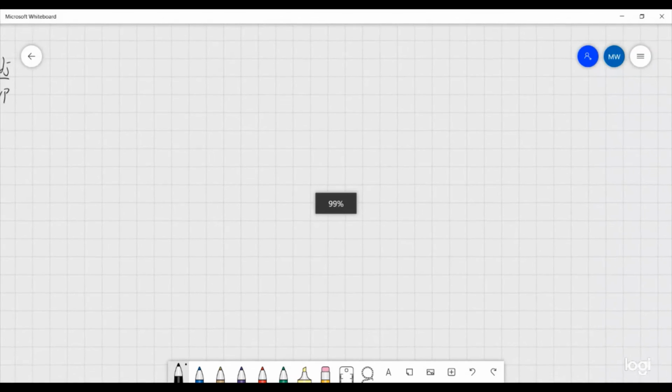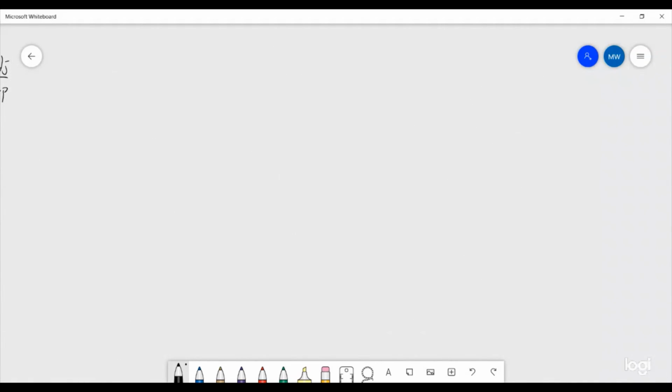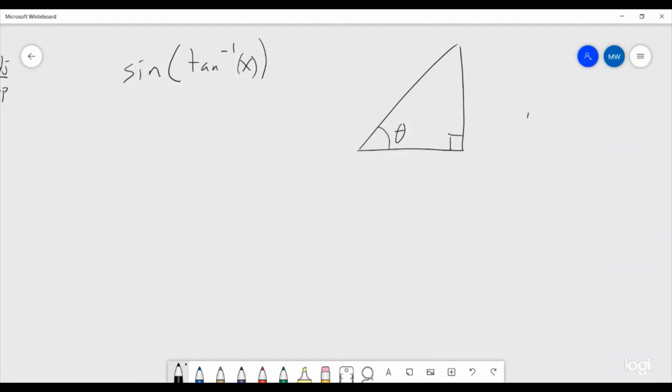So let's say that we are trying to figure out what is sine of inverse tangent of x. Well, draw the triangle, have your angle theta. Tangent is opposite over adjacent. And so that tells us that we want this to be equal to x over 1.